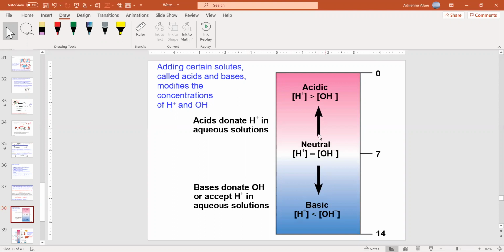So anything that has more protons than OH minuses is considered an acidic solution, right? And it's going to have a pH that is lower than 7. I'm going to show you another pH scale.